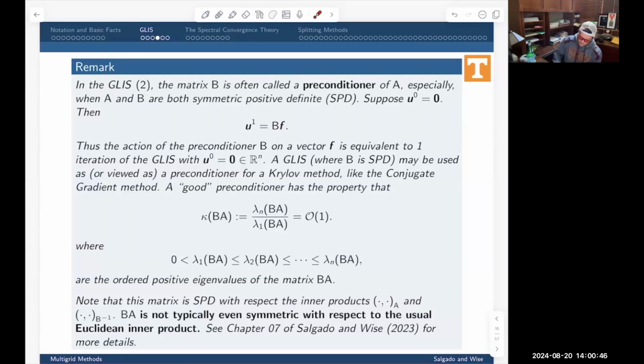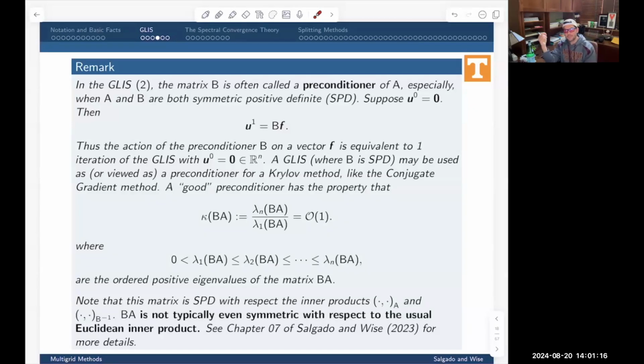So if I can find a preconditioner such that B times A has a really tight clustering around a single number, let's say 400, so the smallest one is 400 and the biggest is 401. Or maybe more practically, the smallest one is 399 and the biggest one is 401. That's a ratio which is pretty darn close to 1. So we'd be happy with that. That's what we mean by finding a good preconditioner.